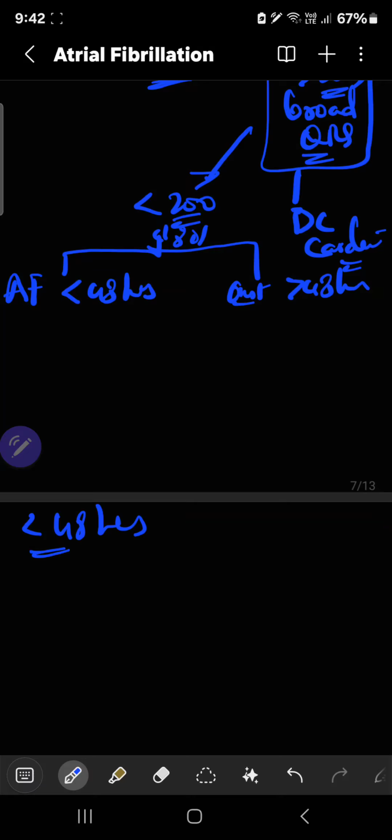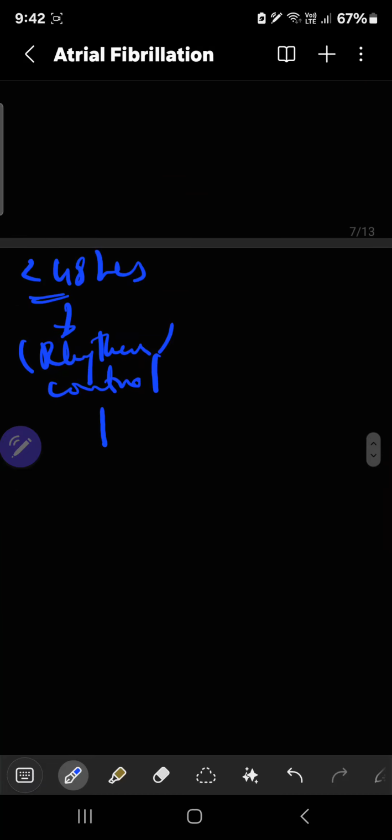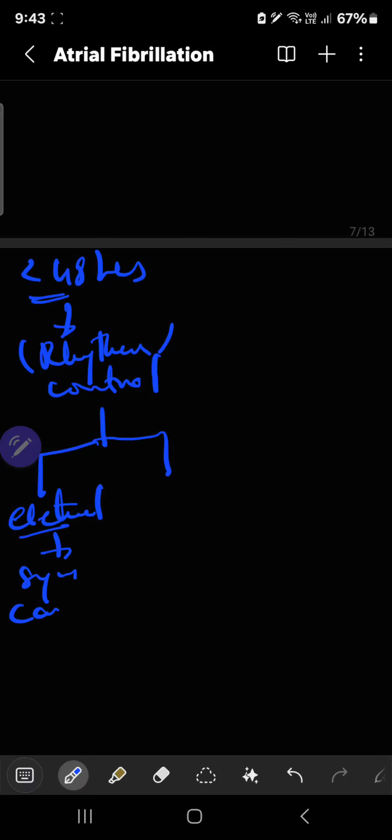If it is less than 48 hours, you have to follow the rhythm control strategy. In rhythm control there will be electrical, which is synchronized cardioversion 120 to 150 joules, and one more thing, pharmacological.